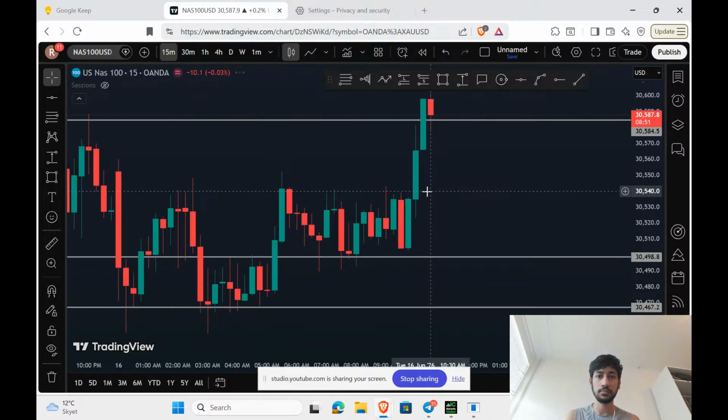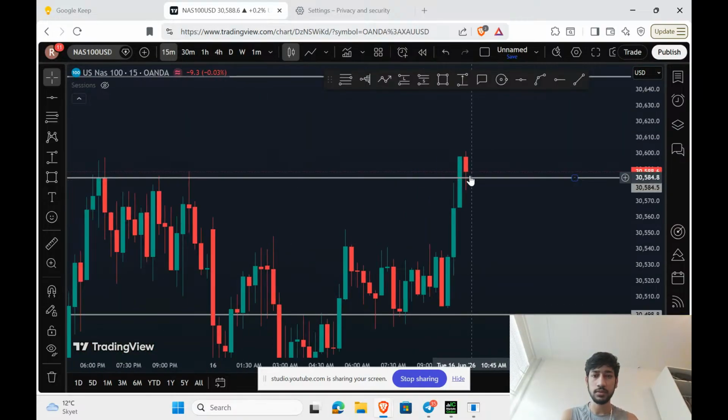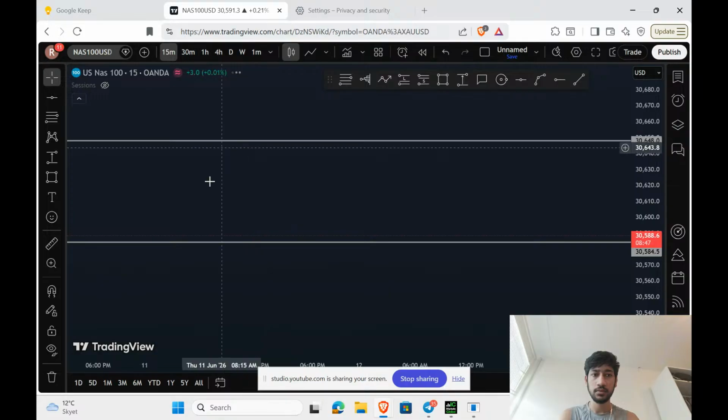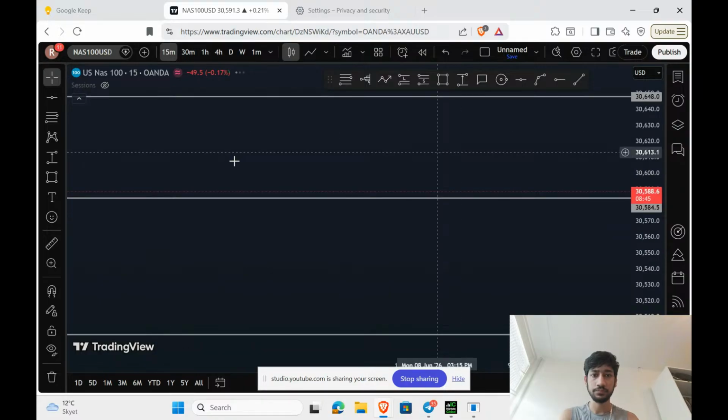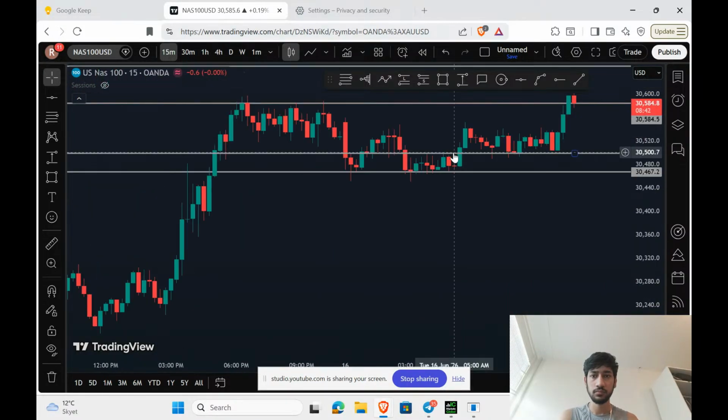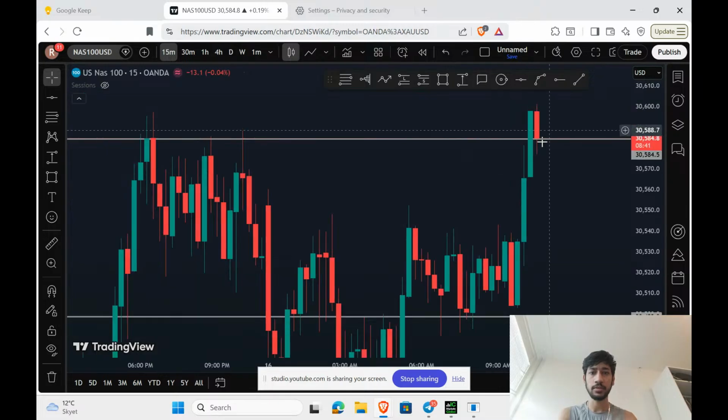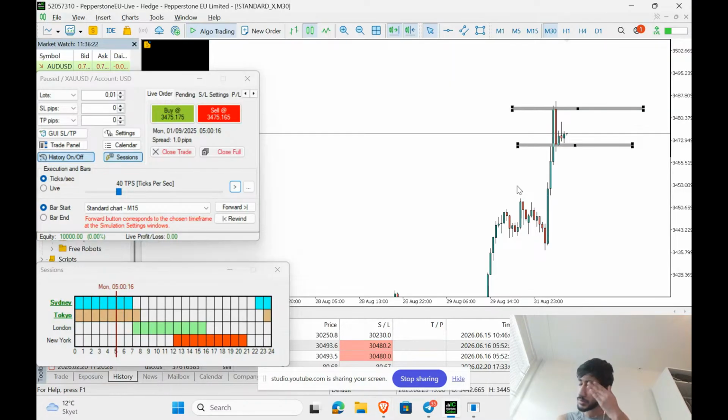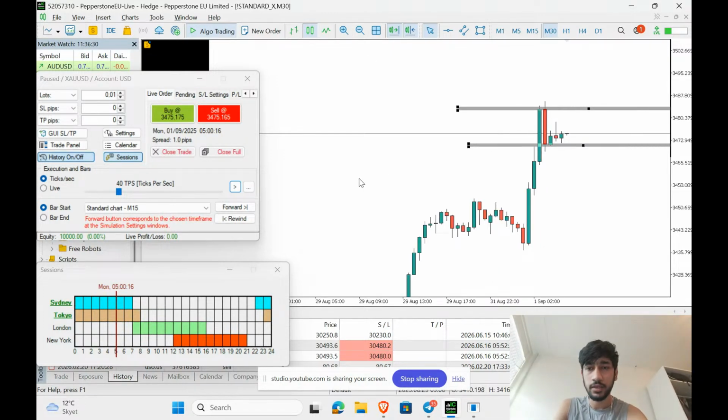Gold is moving up. If this candle forms just like this, then we have a clean range, right? Then we have a high probability of the candle moving up. M30, what are we doing on M30?